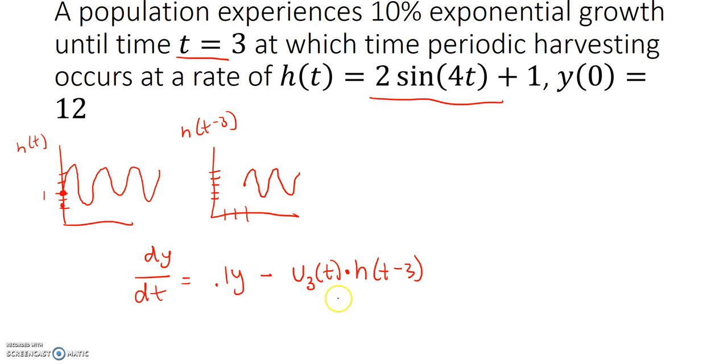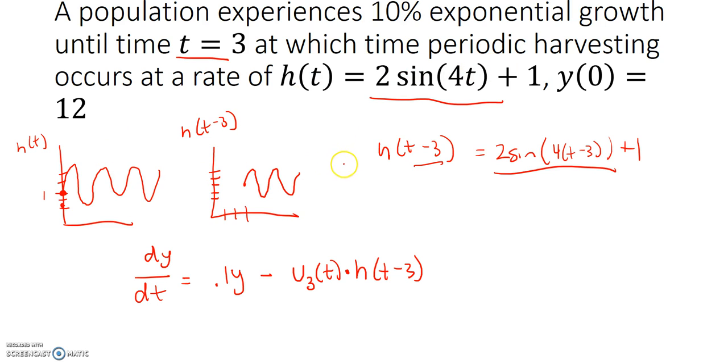Okay, so if I actually figure out what h of t minus 3 is, well, h of t is 2 sine of 4t plus 1. h of t minus 3 will say, take t, replace it with t minus 3. So this will be 2 sine 4 times t minus 3 plus 1. Now, I encourage you to go ahead and graph this in Desmos or some computer package so you can see that if I graph this function right here, it will be the same as 2 sine 4t plus 1 shifted over to the right 3 units.